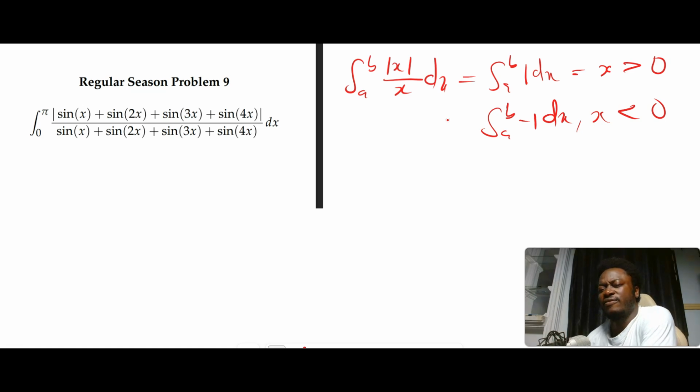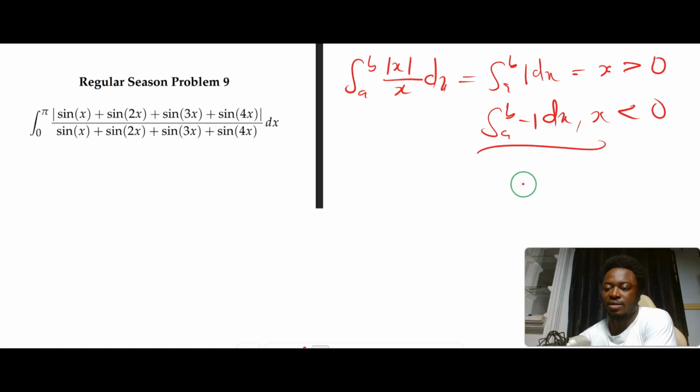Wait, if x is positive it's going to be 1, and if x is negative, yes, it's going to be this.